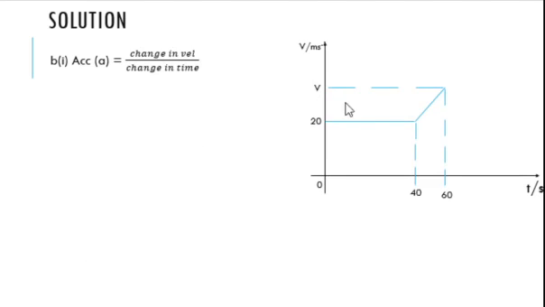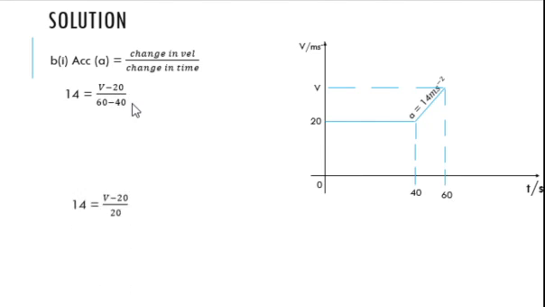So to get this V, I'm going to say acceleration is change in velocity over change in time. The body started to accelerate from here to here. So this is my initial velocity, 20, and this is my final velocity, V. So my acceleration A, given to me, equals V minus 20, which is final minus initial, over the final time, 60, minus initial time, 40.